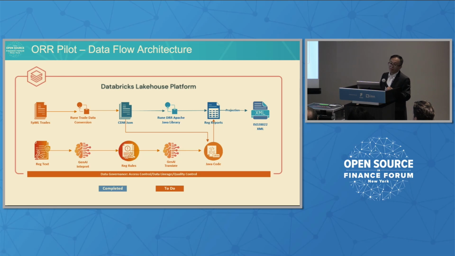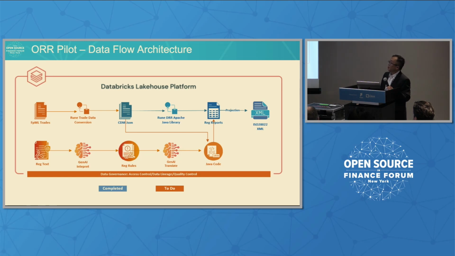The first one is to use this FpML trade data as the input and give this XML data as output. And the second stream is normally about this regulatory text initiative, where we take some regulatory text and run some Gen AI model to generate these regulatory rules, convert them into code, run against some of the CDM trades and generate some reports.